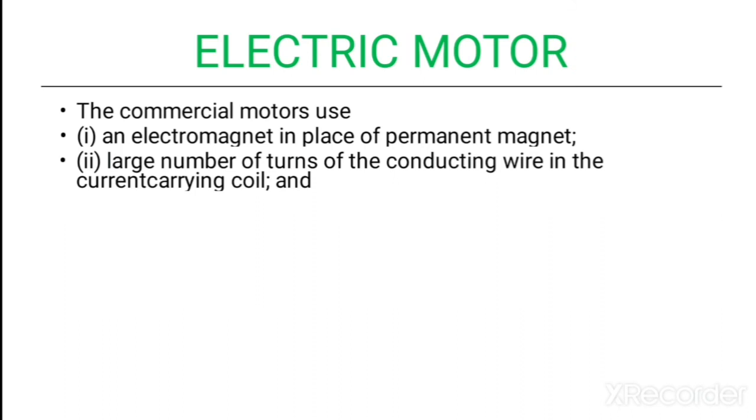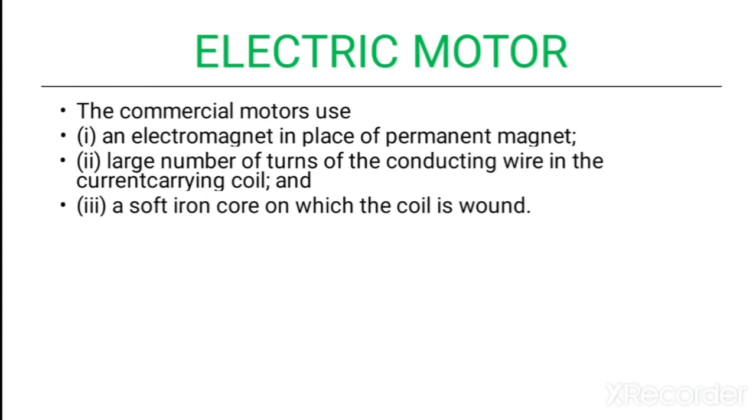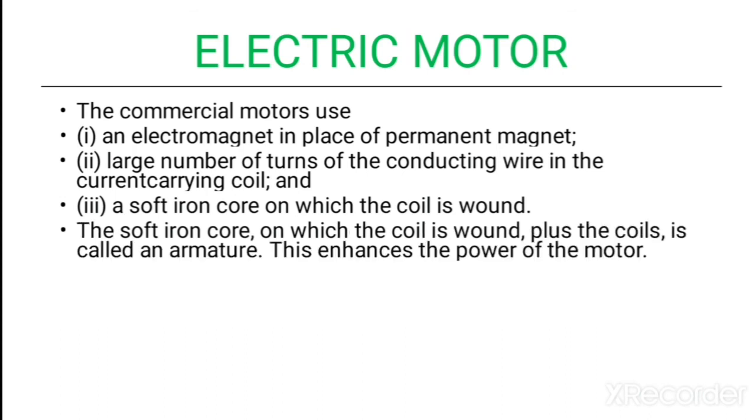Commercial motors have a larger number of coils and a soft iron core on which the coil is wound. The soft iron core plus the coil is called the armature. This enhances the power of the motor. This is the difference between a normal laboratory electric motor and a commercial motor.